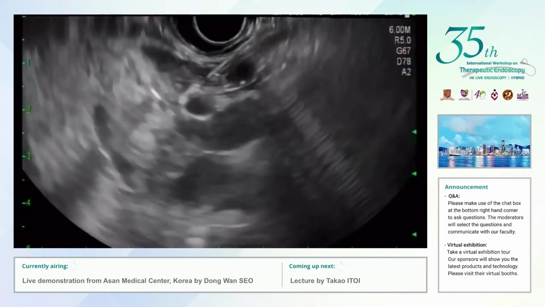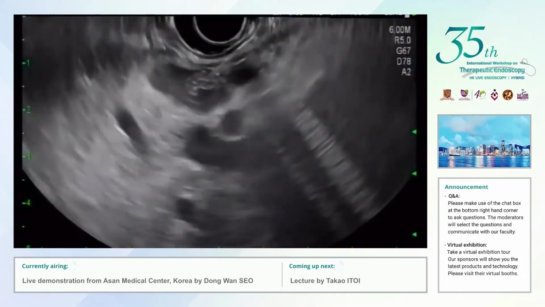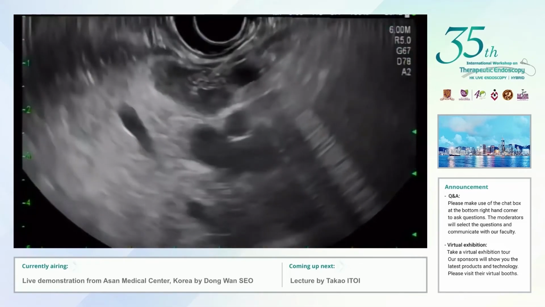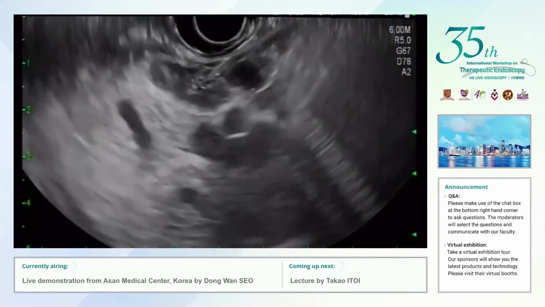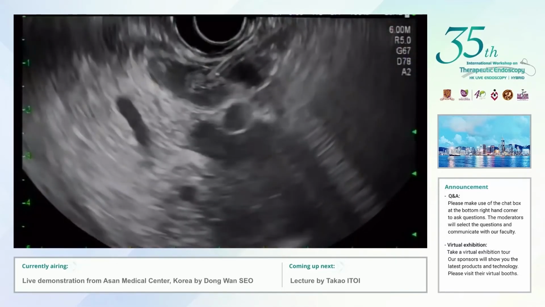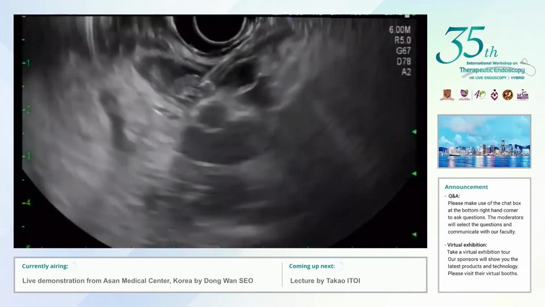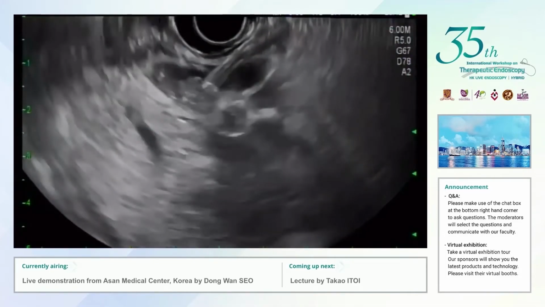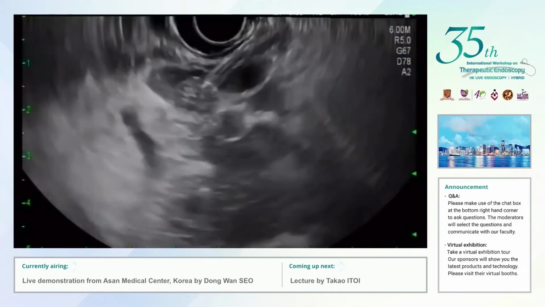When the aspirated amount of fluid is small, like just 1 cc, then we usually dilute it 10 times. After mixing with 9 cc saline, we can get 10 cc fluid and send it for amylase and CA analysis.